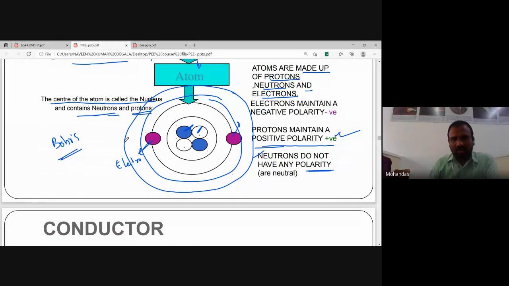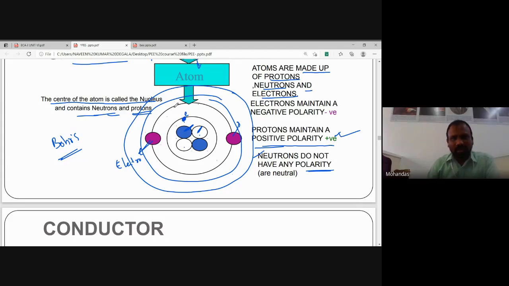Listen carefully: the electron present in the shell nearest to the nucleus is strongly bound by the nucleus. That means even if you apply external energy to that electron, you may not detach it from the force of the nucleus.